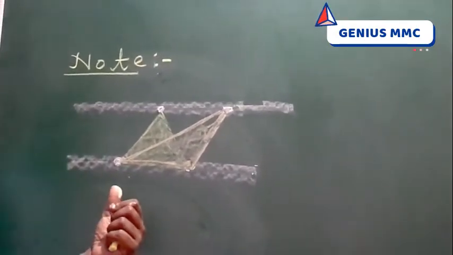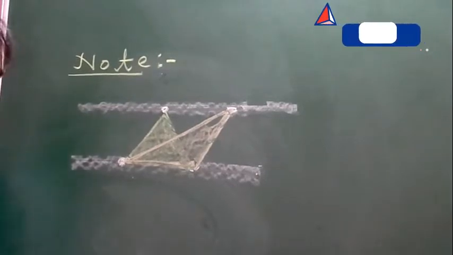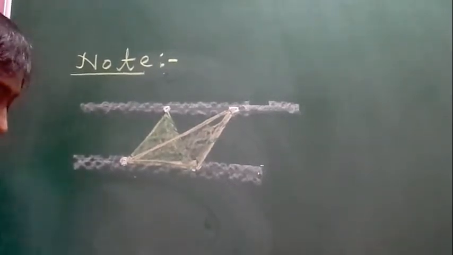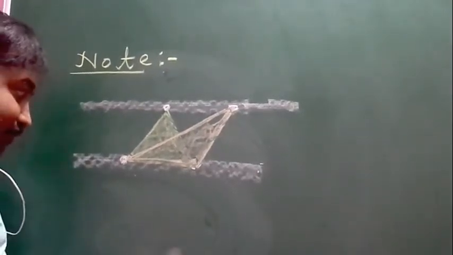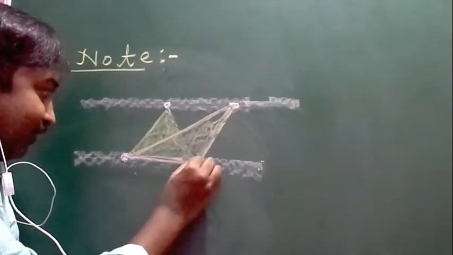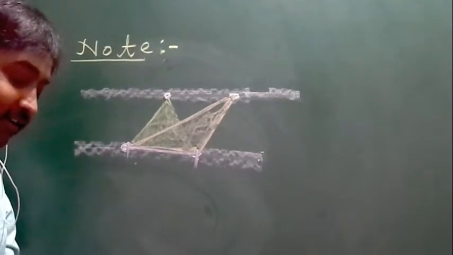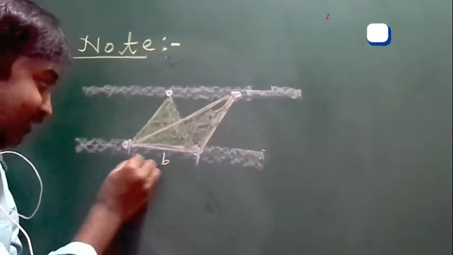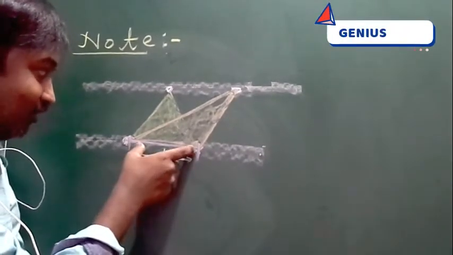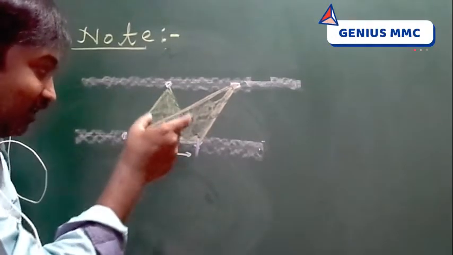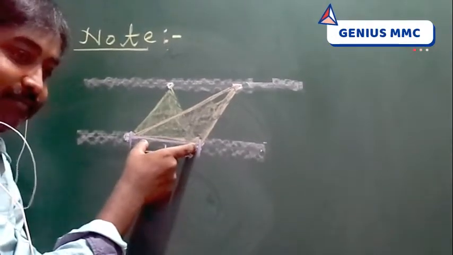Can you tell which is common here? Observe this. For both the triangles, which is common? Base. Base is common because both the triangles are standing on the same base.